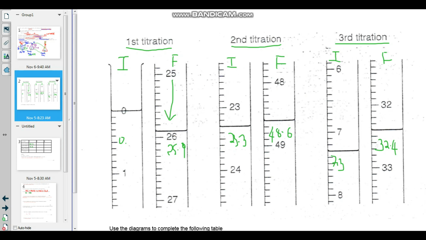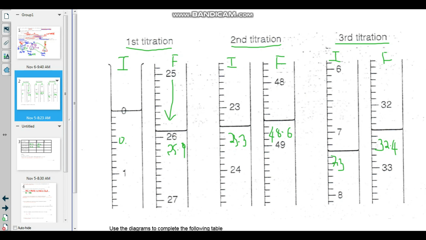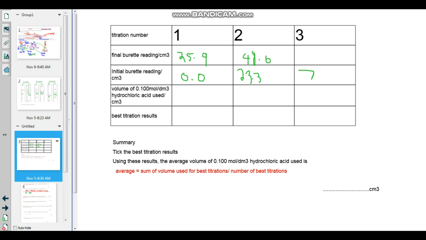You go to titration 2, 23.3 and 48.6. You go to titration number 3. This will be 7.3, and the final reading is 32.4.